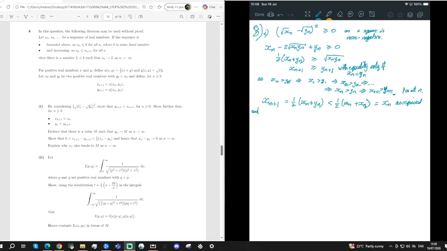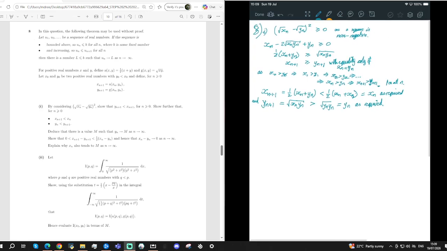And if we try and do the same thing, let's go for yn plus 1 is equal to the root of xn yn. Now this time I want it to be the other way around, so this is actually going to be greater than root of yn because the x's are bigger than the y's, so if I replace it with y, I'm getting smaller, but that is equal to just yn as required.